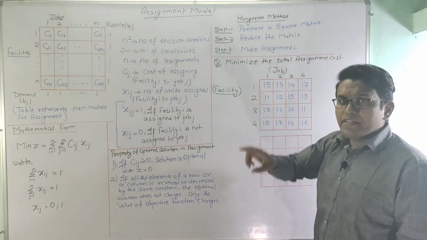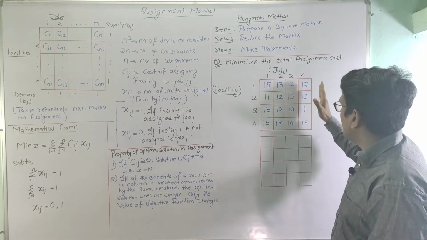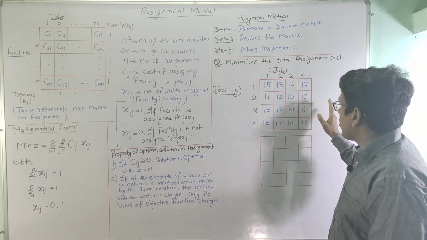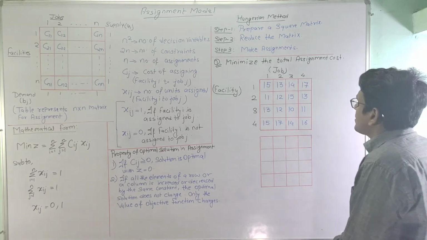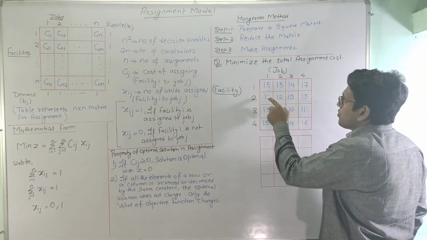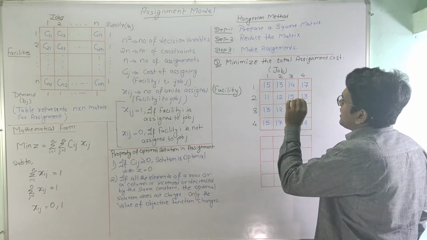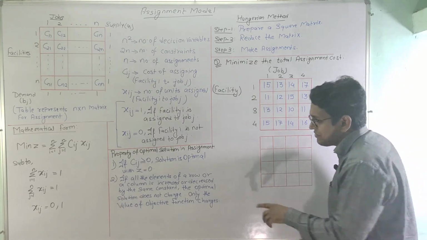We can reduce the matrix in two steps. First is row reduction, and the second is column reduction. Now in the row reduction, we need to have at least one 0 in each row, and we must ensure that the value of Cij, that means the cost coefficient, should remain positive, as we have discussed.